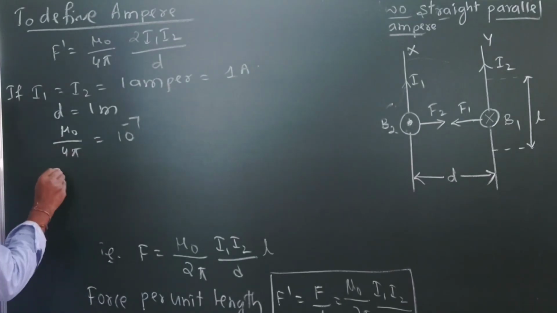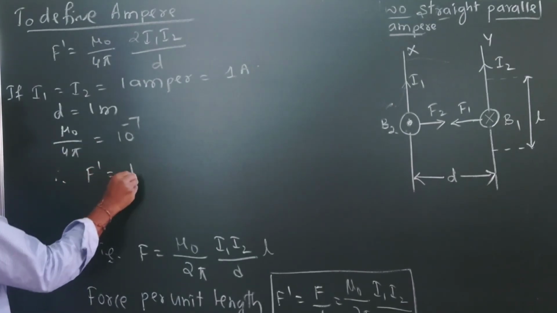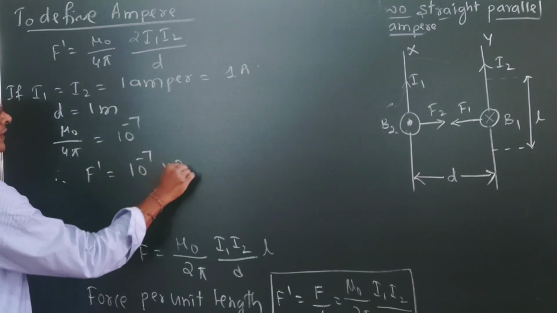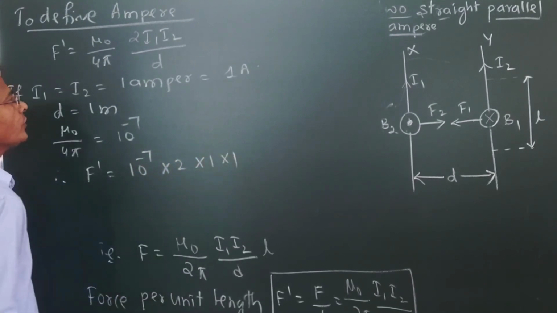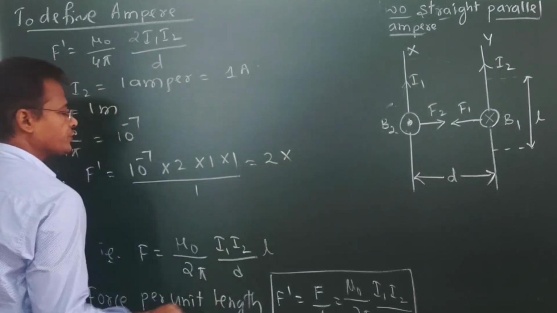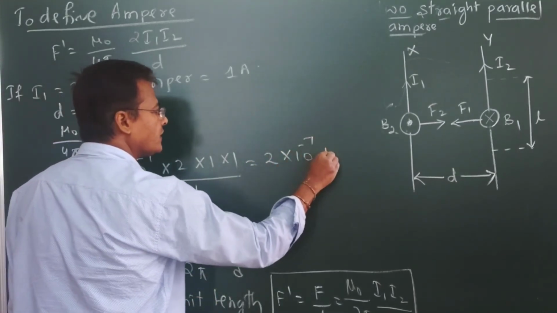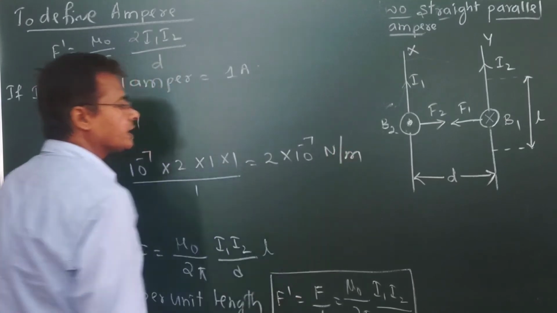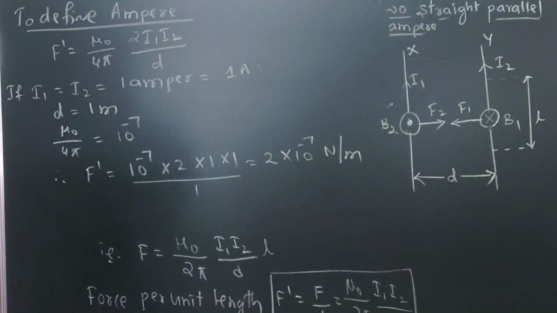Therefore F dash equals 10 to the power of minus 7 into 2 into 1 into 1 divided by 1. So the force exerted is 2 into 10 to the power of minus 7 Newton per meter.